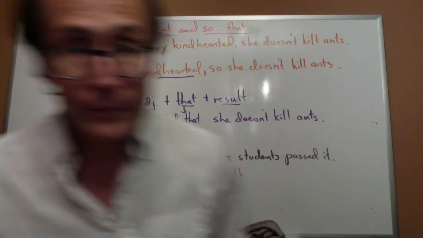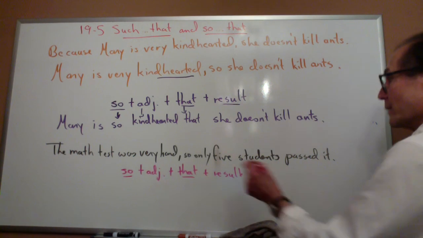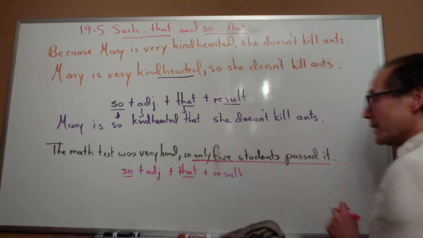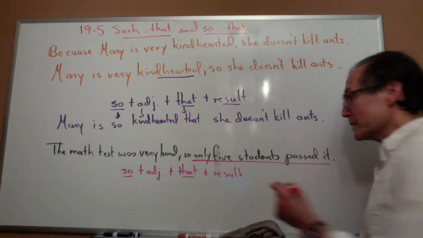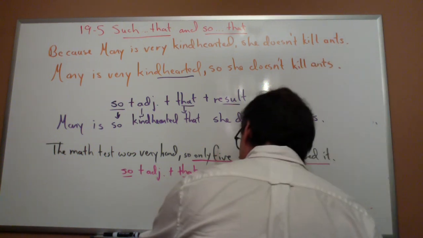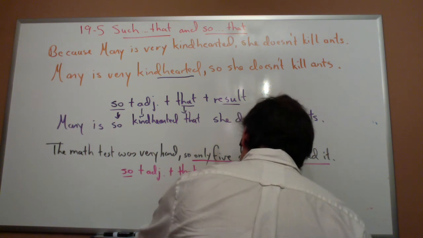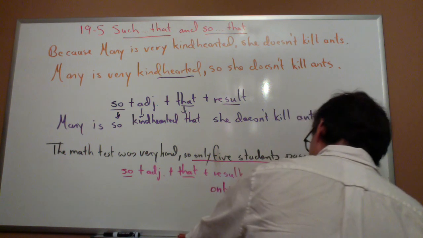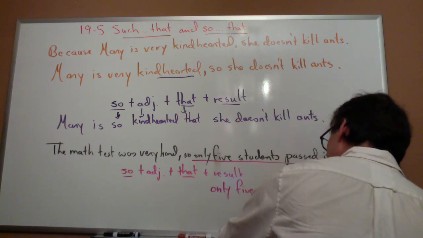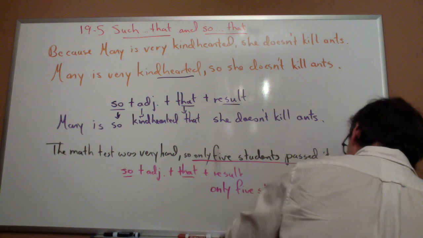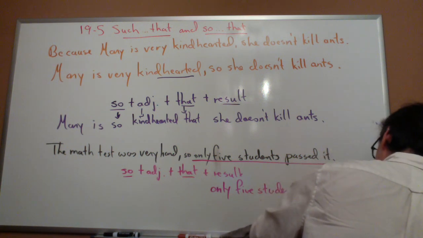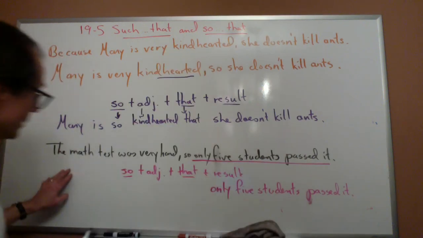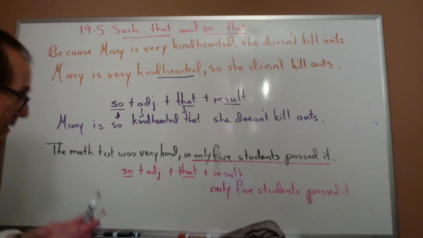So maybe on this one, let's think about what is the result. Well, the result is only 5 students passed the class. So the result would be only 5 students passed it. Only 5 students passed the test. And the way that I would say the cause would be I'll use so plus adjective plus that.